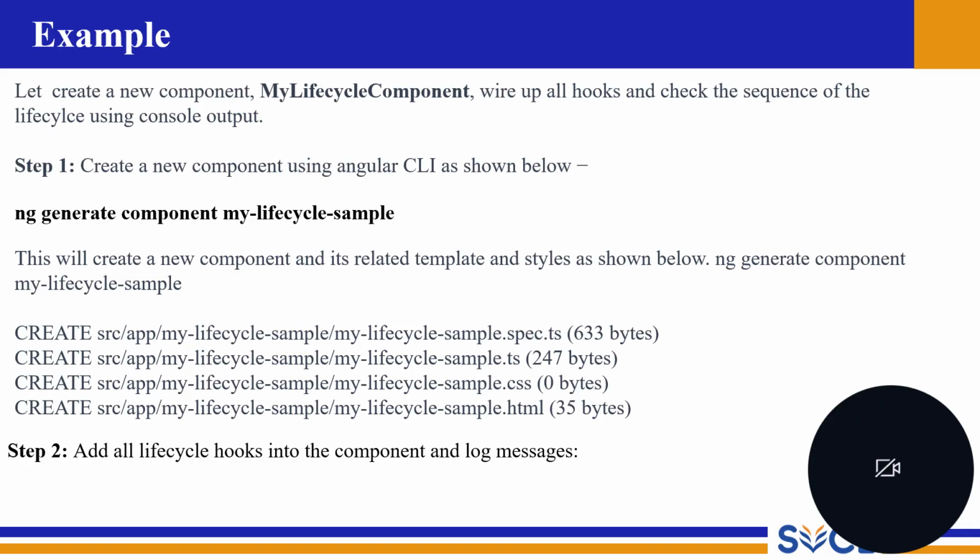Here, let's create a new component, my lifecycle component, wire up all hooks and check the sequence of the lifecycle using the console output. In step 1, create a new component using Angular CLI as shown below. So ng generate component my-lifecycle-sample.